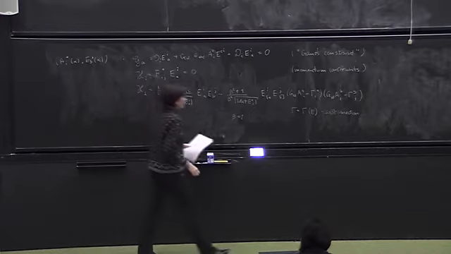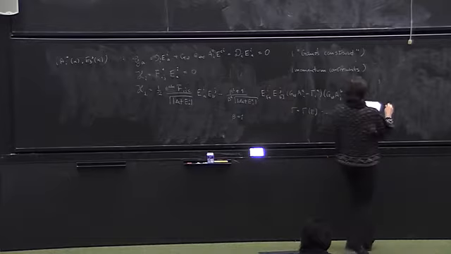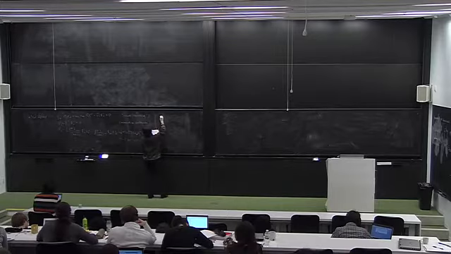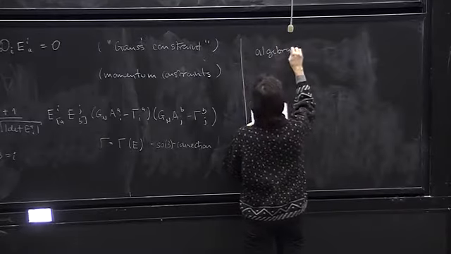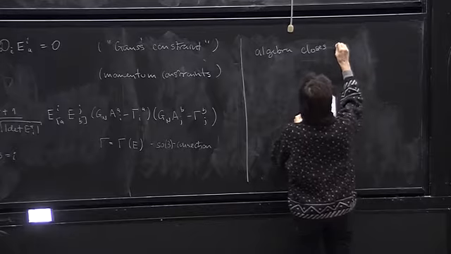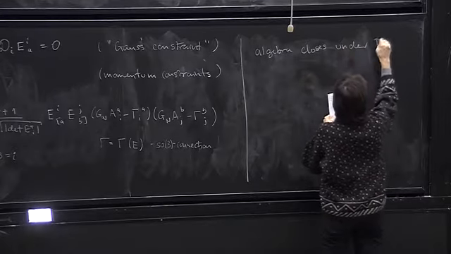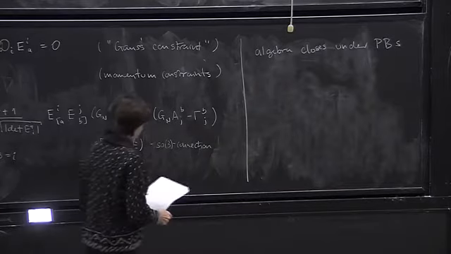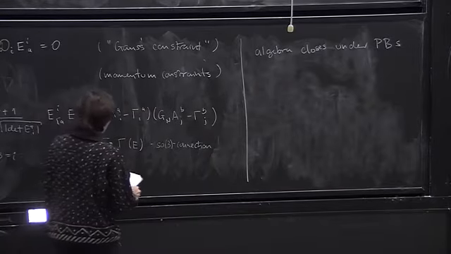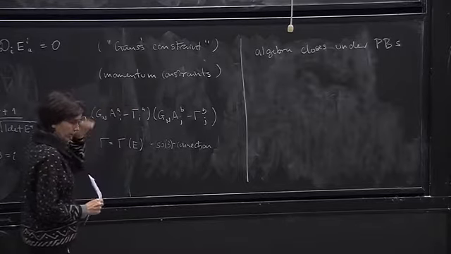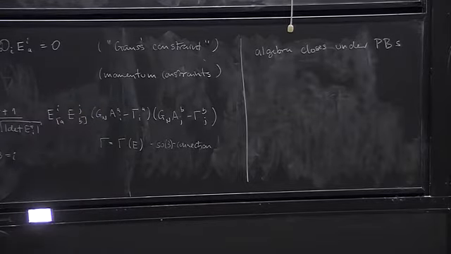Now, the nice thing for us is, again, that this is an algebra that closes under Poisson brackets. And I'm not writing down the algebra here.